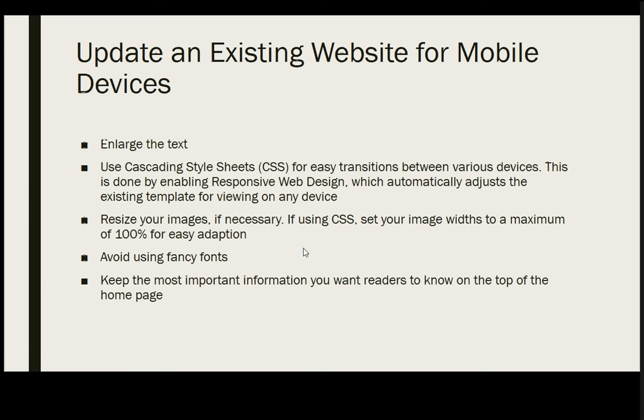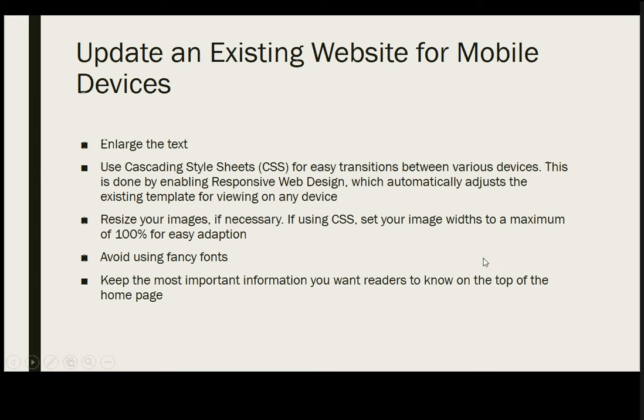Okay, with that being said, how do you update an existing website for a mobile device? There are a couple of ways to make your website more mobile friendly. One thing you can do is enlarge the text. That way, when somebody is viewing your homepage or whatever page you're showing them on a smaller device, they'll be able to see the information easily.